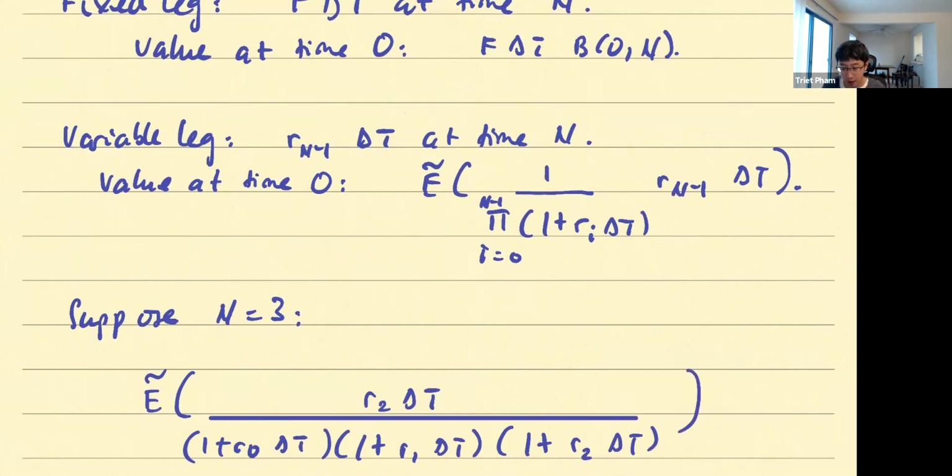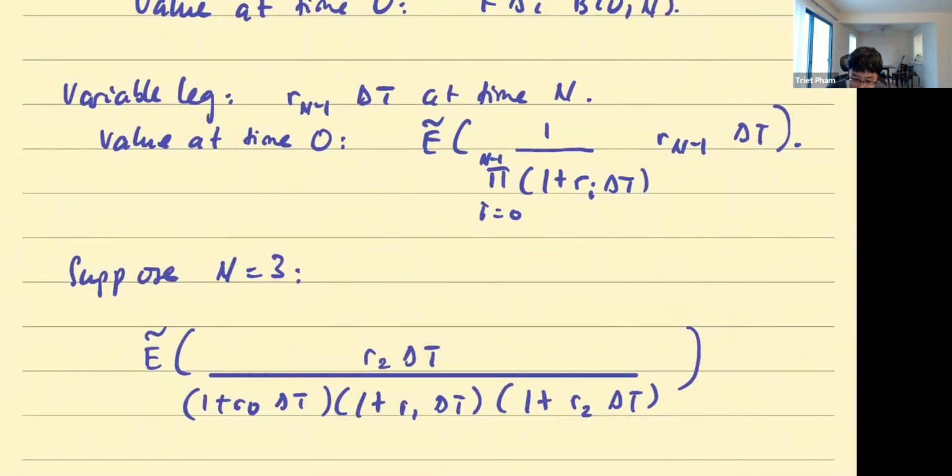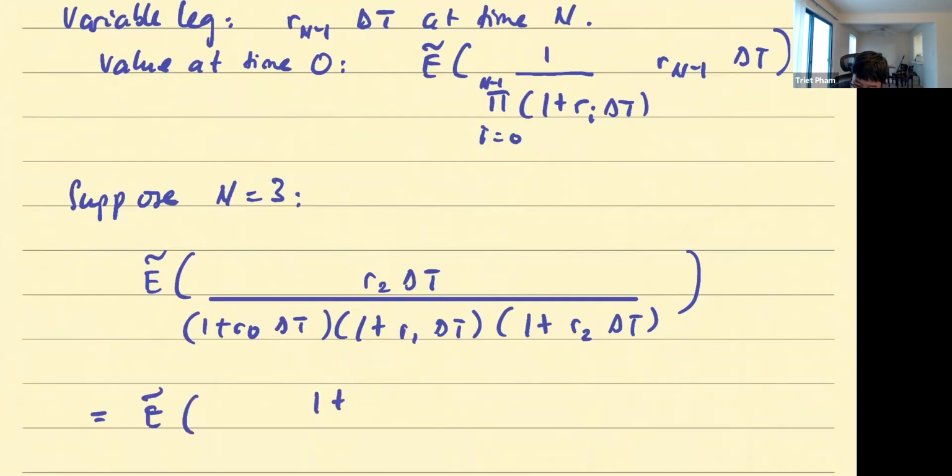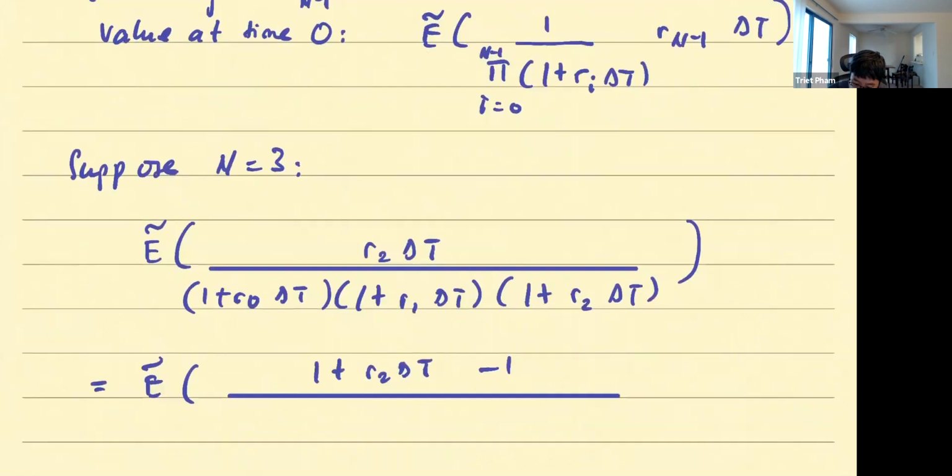And this right here just makes you want to do what? You just do 1 plus and minus. So if you do that, what do you get? 1 plus R2 delta t minus 1. And then let me just write the same, it's too many to write.